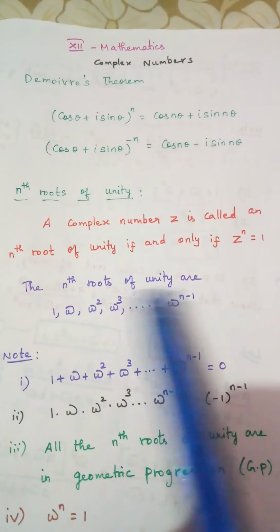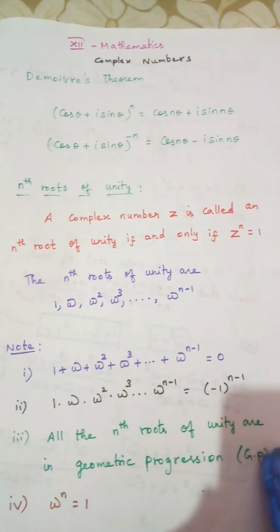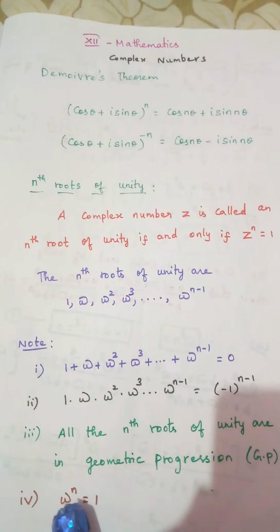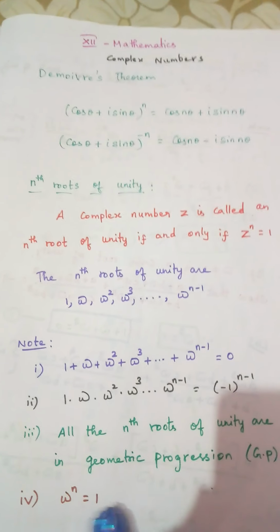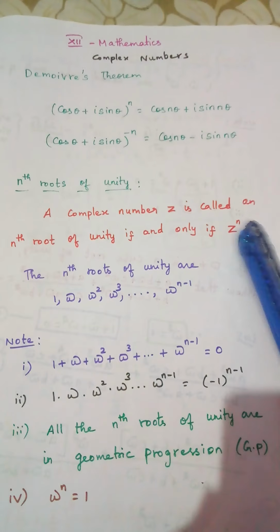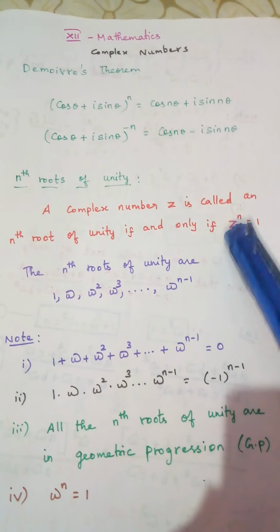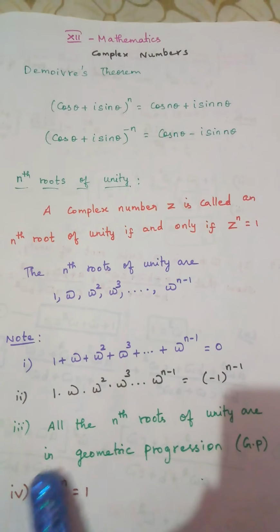So what is that? Geometric progression, GP. That is what is written in the third point. And the fourth point says omega to the power of n is equal to 1. Because omega is a root of this equation, if I substitute omega in place of z, definitely it will satisfy. So omega power n is equal to 1.